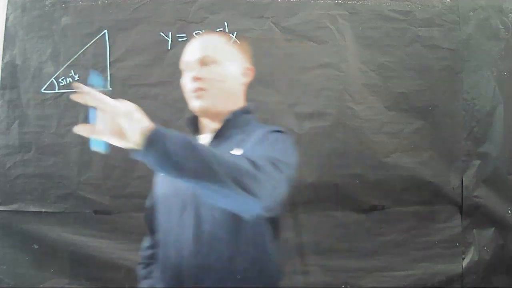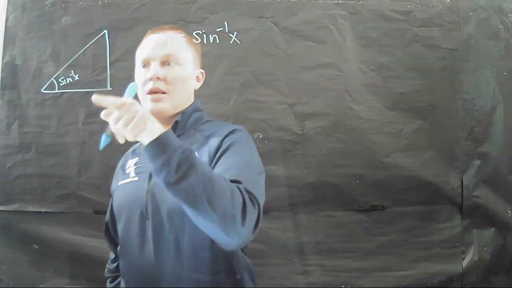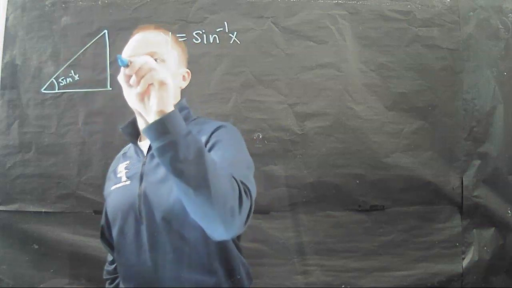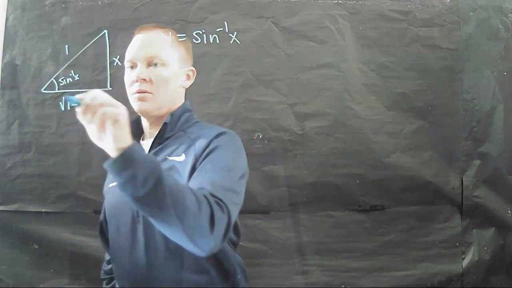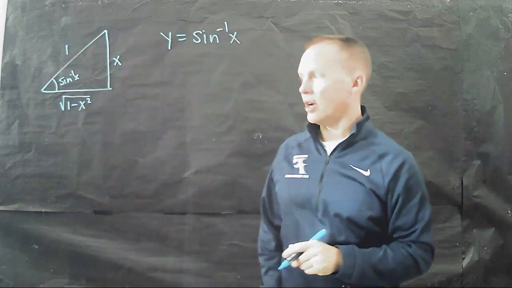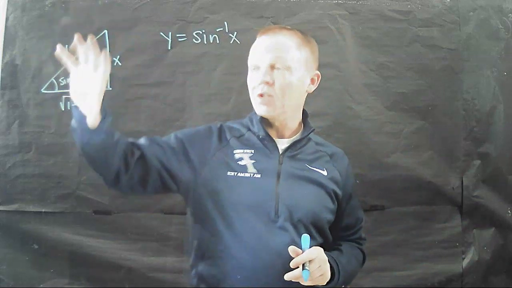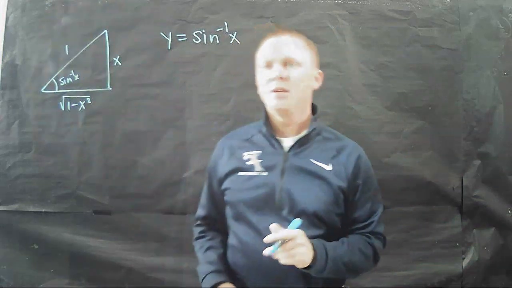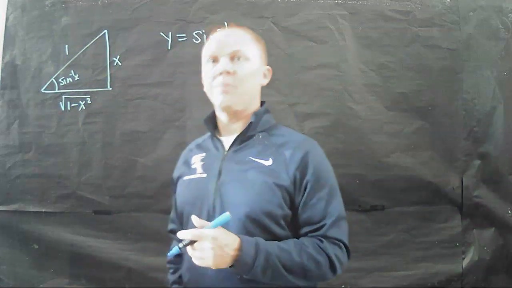If this angle is the inverse sine of x, its sine value has to equal x over 1, which would make the other legs of the triangle look like that. So that's what the inverse sine of x looks like in terms of the geometry. We could look at a graph of this function too, but I'm not interested in that right now.